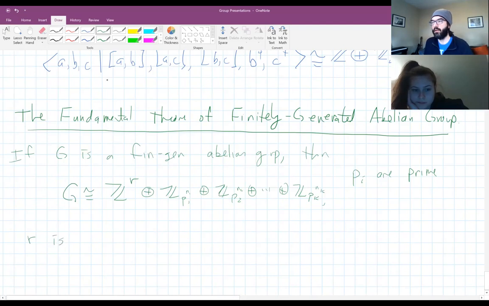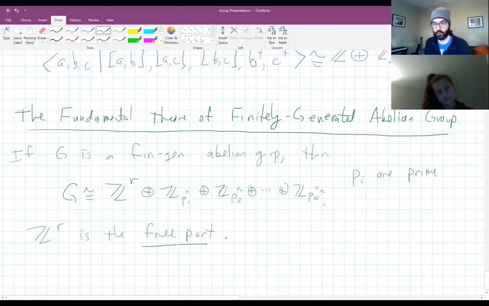Z to the R is the free part of your group, because it's free of any relations, like what we did with the A. And R is called the rank.